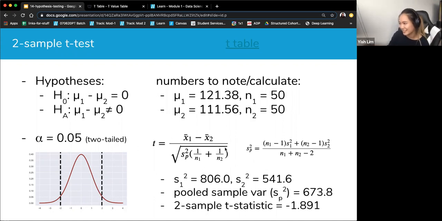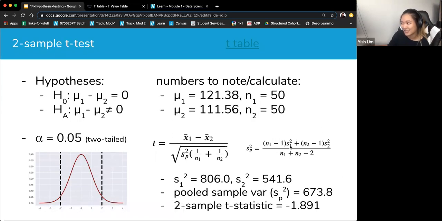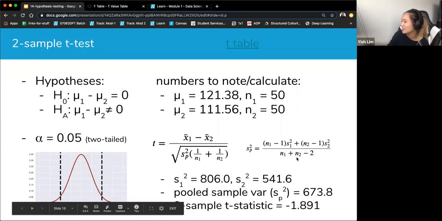So that's the t-statistic, calculated using this pooled variance. The pooled sample variance is calculated using the standard deviations of each sample, S1 and S2, which are right here. You also use N1 and N2, and that gives you your pooled sample variance.